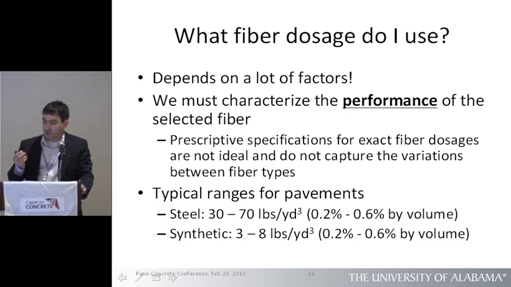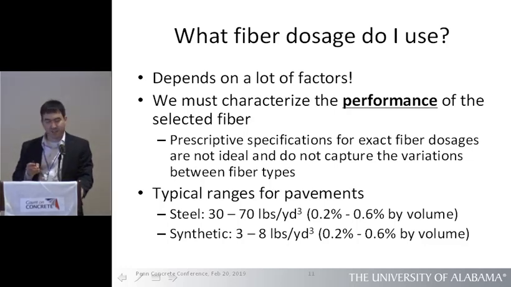Some states do have prescriptive specifications on the books that say flat out you must use 4 pounds per cubic yard, or 3 pounds, or some amount that is specified. It's possible that you could get a provision or exemption and choose a different amount, but it's in the specifications.